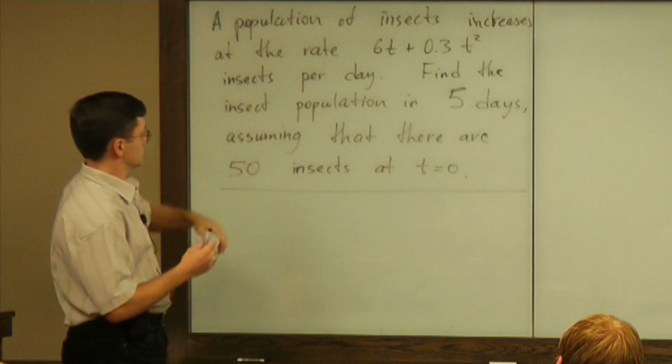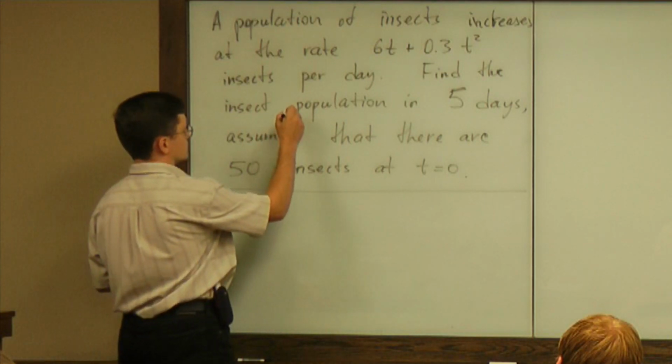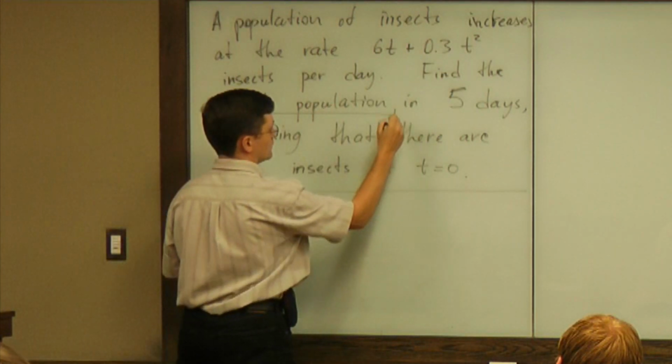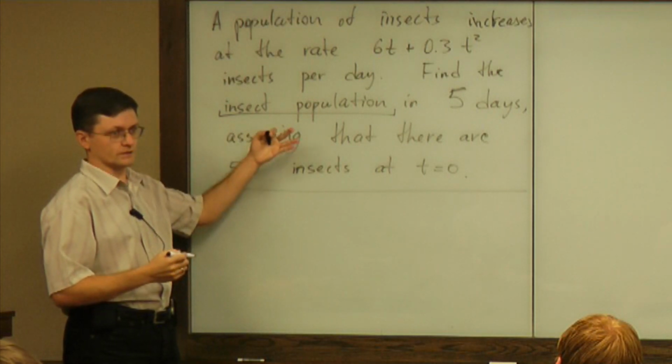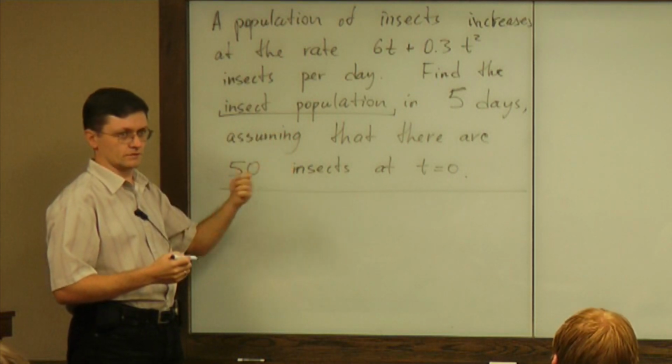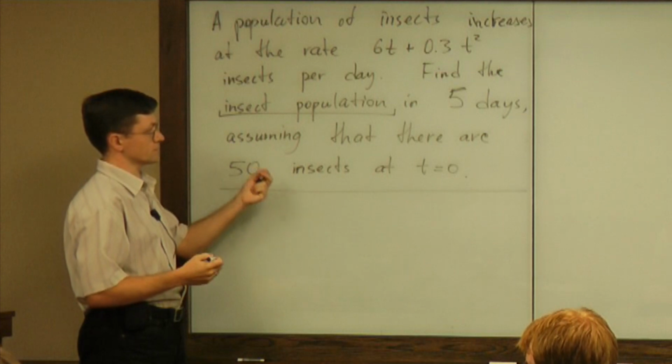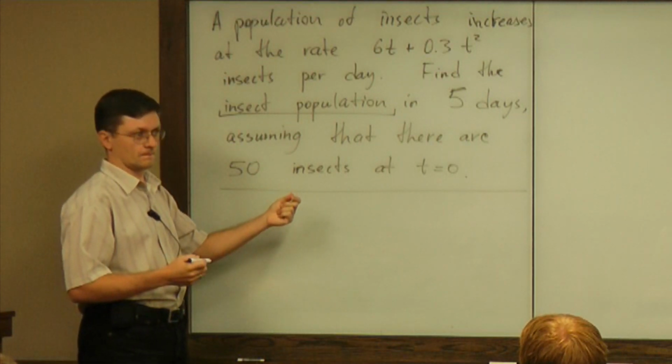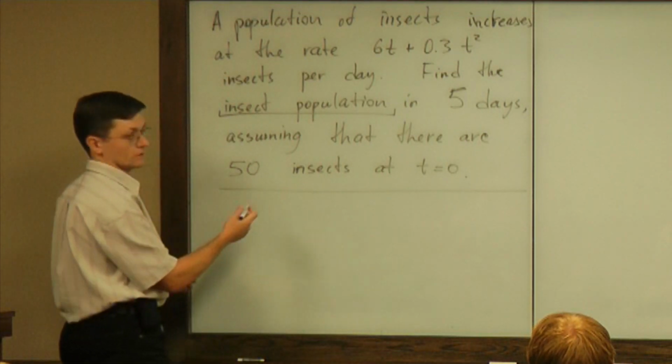The idea is that you have to keep track of insect population. So that's a numerical value that depends on time. So you introduce a function now.